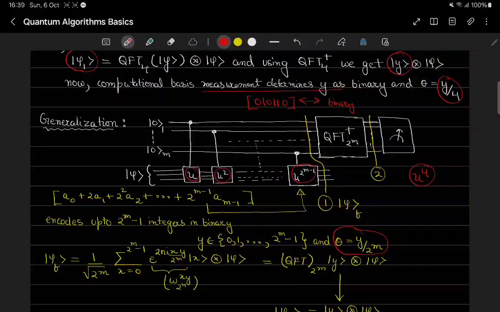Why this 2 power m minus 1 is coming, one can think about using the binary representation. If you want to encode 2 power m minus 1 integers in binary, you have to use, starting from a0, a1, 2 a2, up till 2 power m minus 1 times a m minus 1.